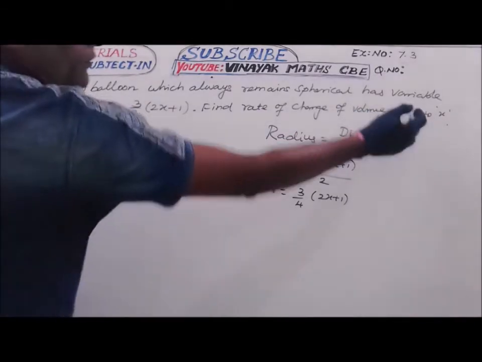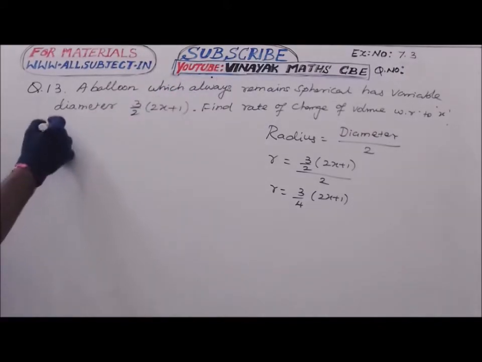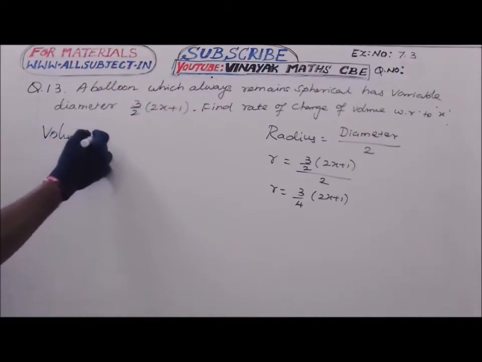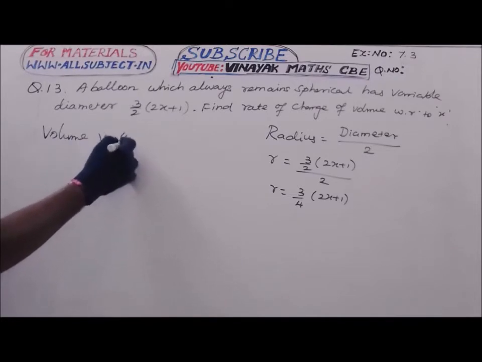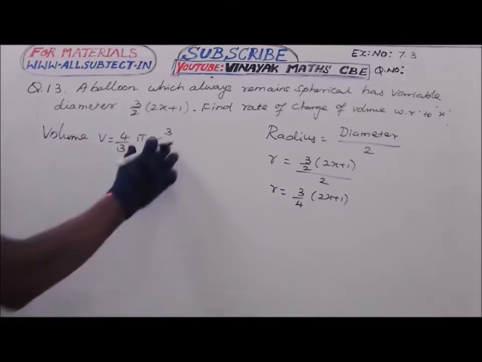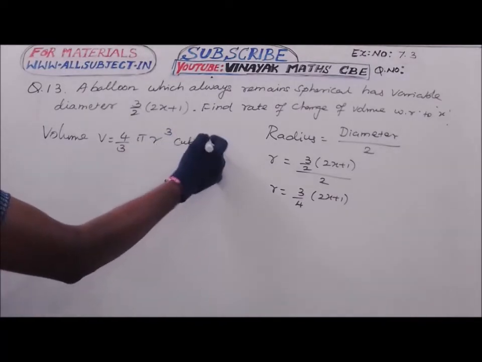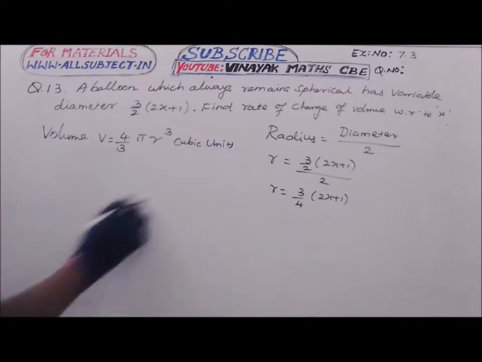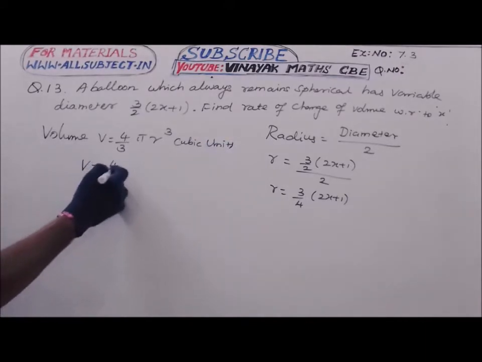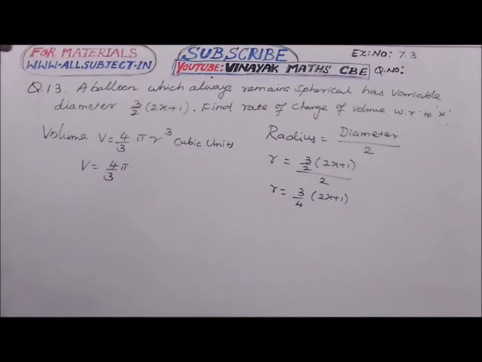Now the rate of change of volume we should find with respect to x. So volume V equals 4/3 pi r cube, the formula, in cubic units. Now V equals 4/3 pi, constant. Instead of r we have the value 3/4 into (2x plus 1).